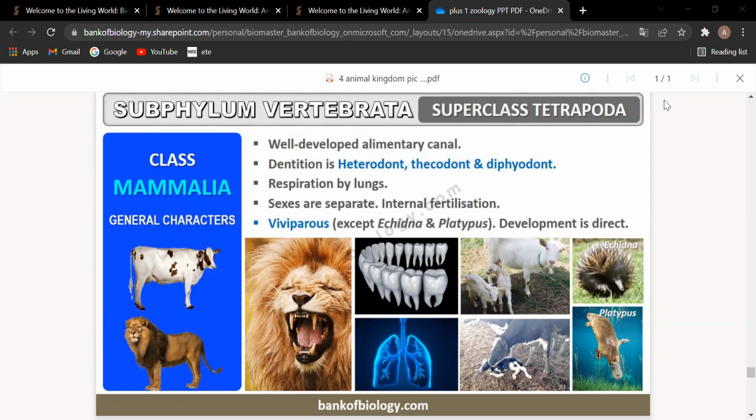Correct? The function is basically protection. Okay? Respiration is by lungs. Sexes are separate. Internal fertilization. Viviparous except Echidna and Platypus. And development is direct. Okay?